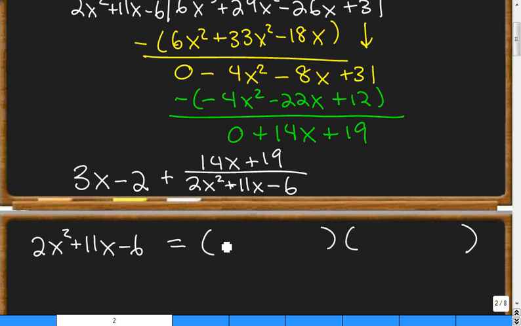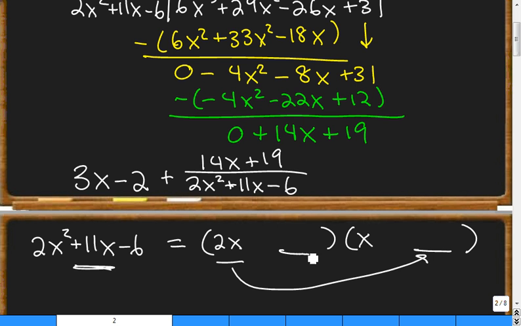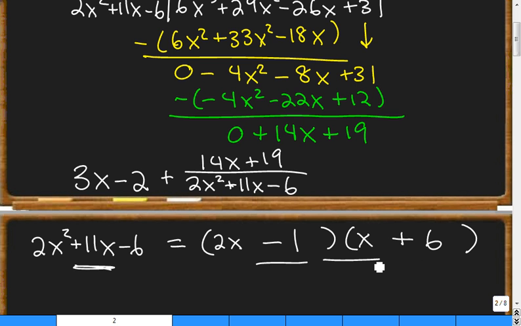So the 2x squared will make a 2x and an x. And we need to figure out how do we get 11x from the crossover of these two numbers. Well, 11 is really close to 12. So if we did a positive 6 and a negative 1 here, this would create a negative x. This would create a positive 12, which would give us the answer that we need.